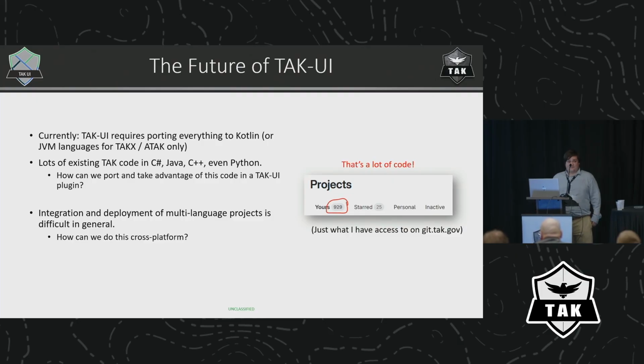That's a lot of investment that folks have put into the TAK ecosystem, and we don't want to lose that. So there's a lot of pre-existing TAK code in C#, Java, C++, even Python, and really what I want to ask is, how can we port that and take advantage of that existing code in a TAK UI plugin? And furthermore, how do we do that in a cross-platform way?